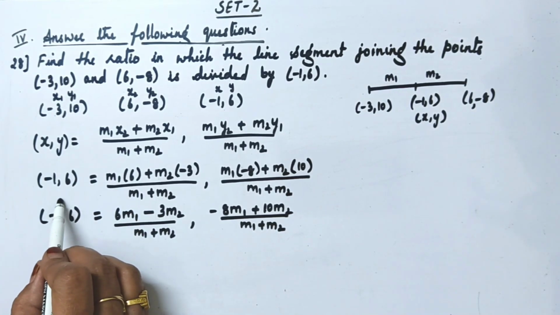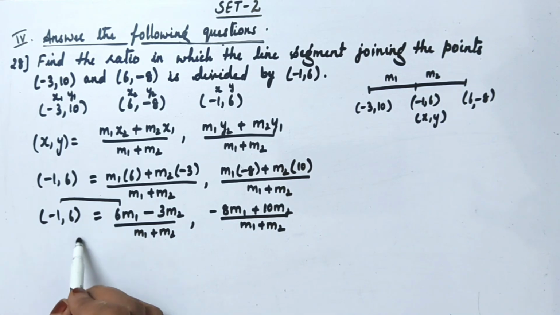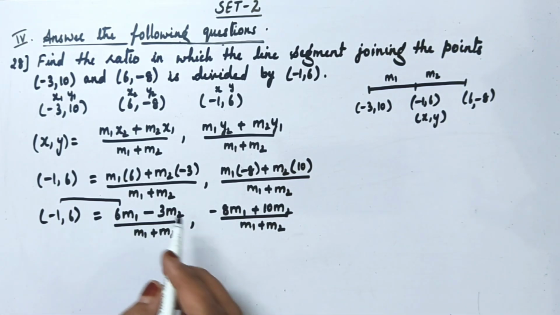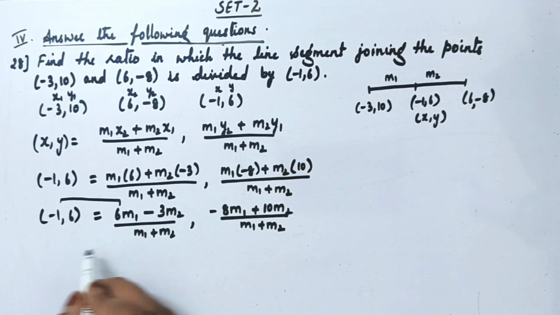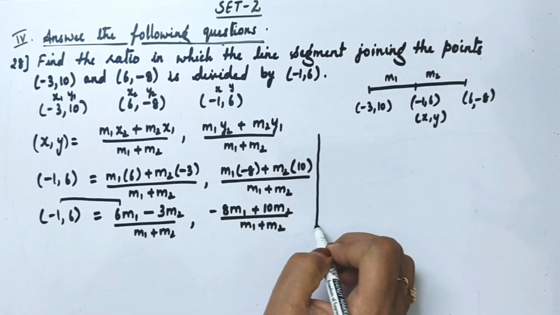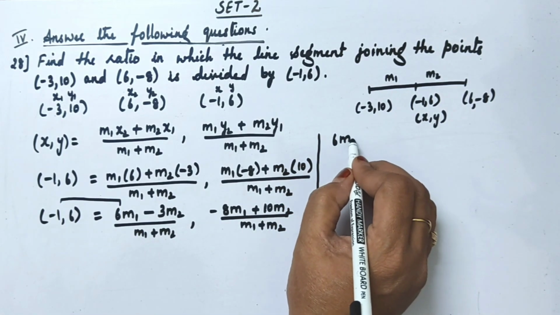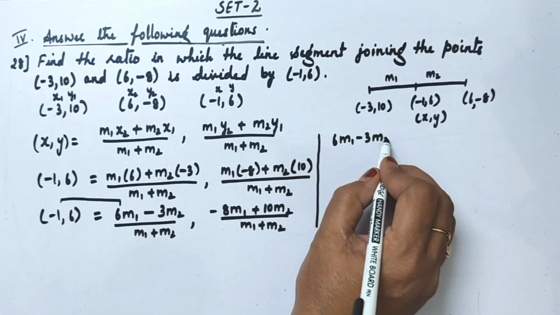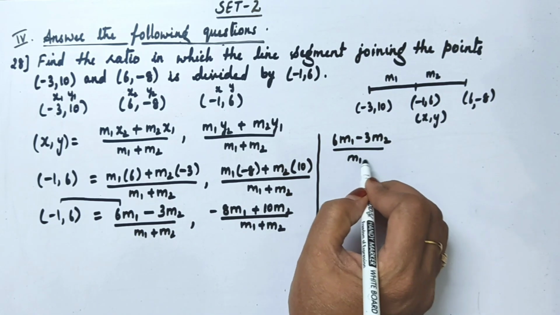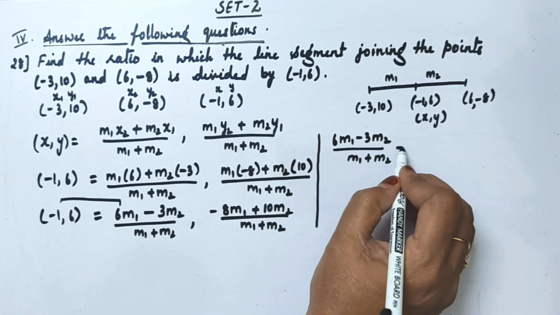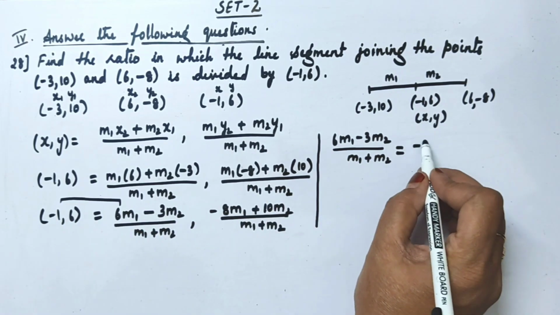We can take the x coordinates or the y coordinates. Let me select the x coordinates here. So 6m1 minus 3m2 upon m1 plus m2 equals minus 1.